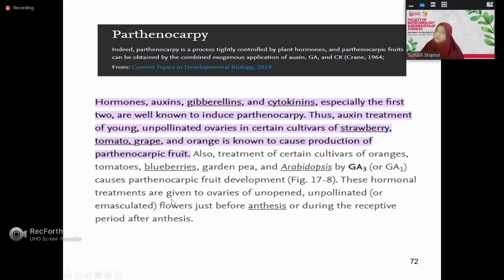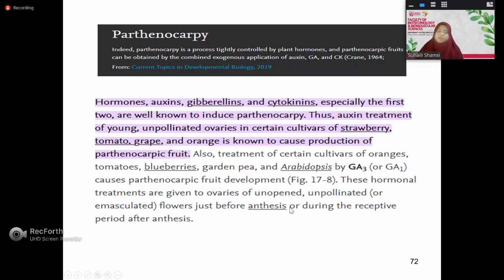So these hormone treatments are given to ovaries of unopened, unpollinated, or emasculated flowers just before anthesis, during the receptive period of anthesis. So parthenocarpy is basically the ability to develop fruits without pollination, without fertilization of the ovule, and therefore without seed development. Anthesis in this case is the flowering period of a plant from the opening of the flower bud. So it's a period where plants start to flower.